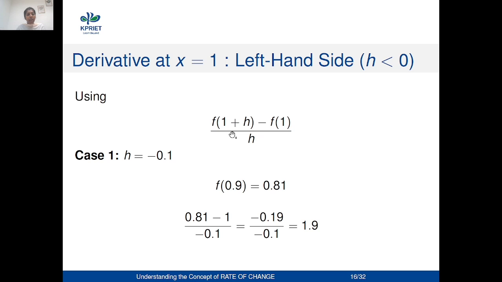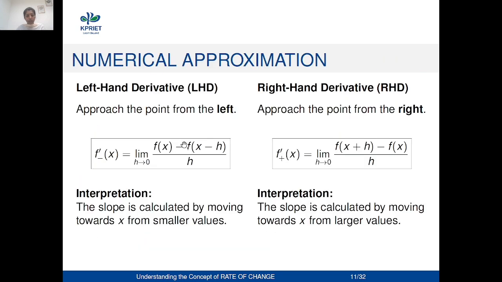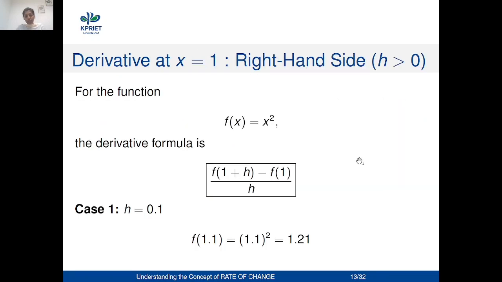And similarly, like this right hand side, I can even consider the left hand side. Here I have taken the right hand formula, but in the place of h, I am going to consider the negative values of h. Instead of this formula, you can either take this formula, but in the place you can substitute h as a positive number. Since I am having this formula, I am just substituting the value of h as a negative number, so that both the things are one and the same.